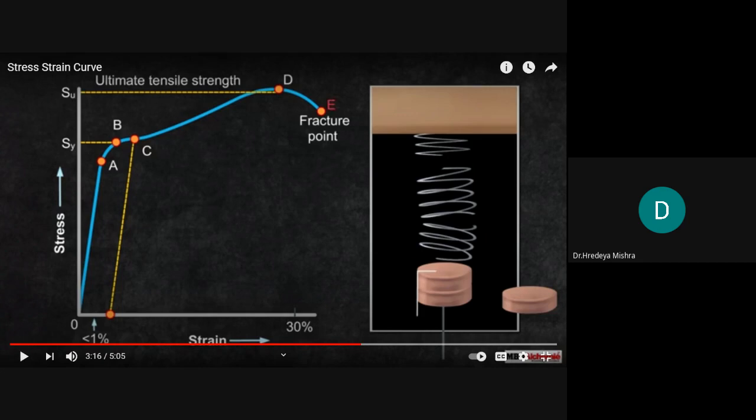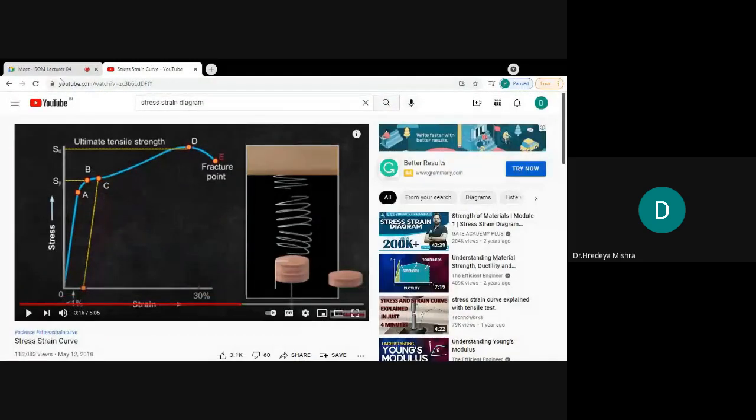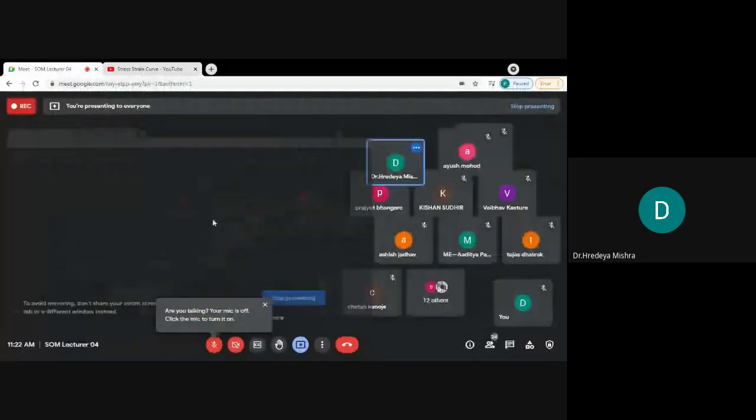Okay, so this is all about the tensile test. Tensile test is nothing but all about this stress strain diagram.